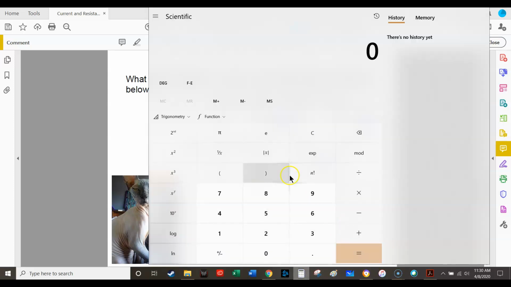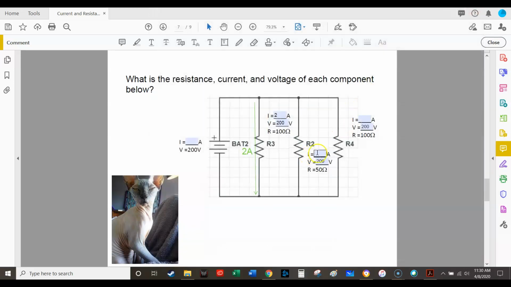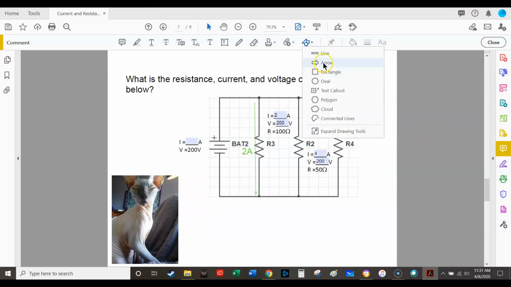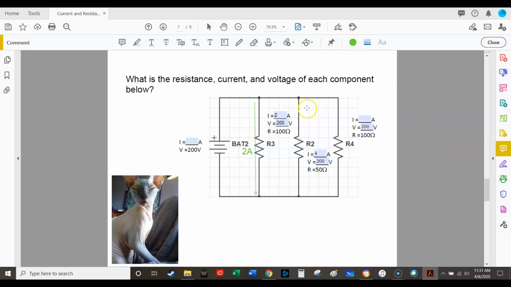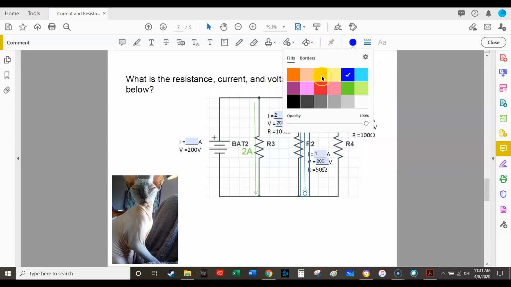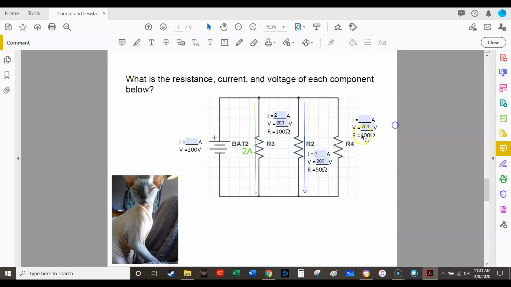I have problems adding it. 200 divided by 50. 4. Awesome. So that is going to be 4 amps. Okay. So we know that this resistor right here, and I'm going to call it blue, is getting 4 amps.